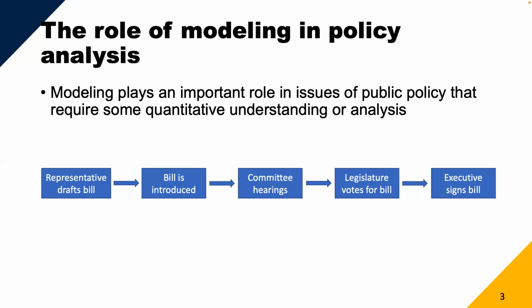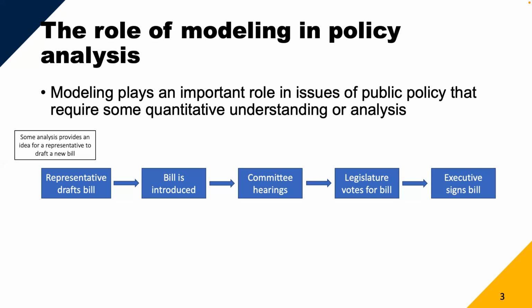So in this particular example, this is our legislative process. The representative drafts a bill, it's introduced, there's a bunch of committee hearings, the legislature votes for the bill, and then the executive signs the bill. And there are a lot of points within this whole process where you can inject knowledge, right?